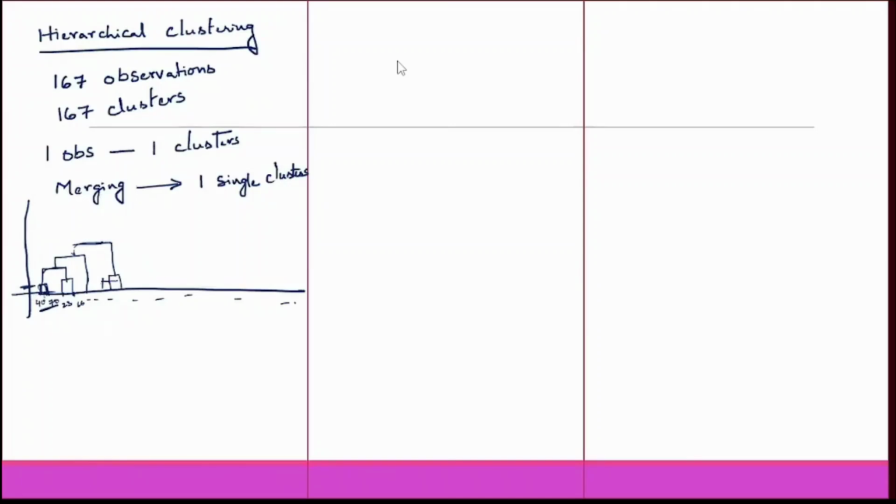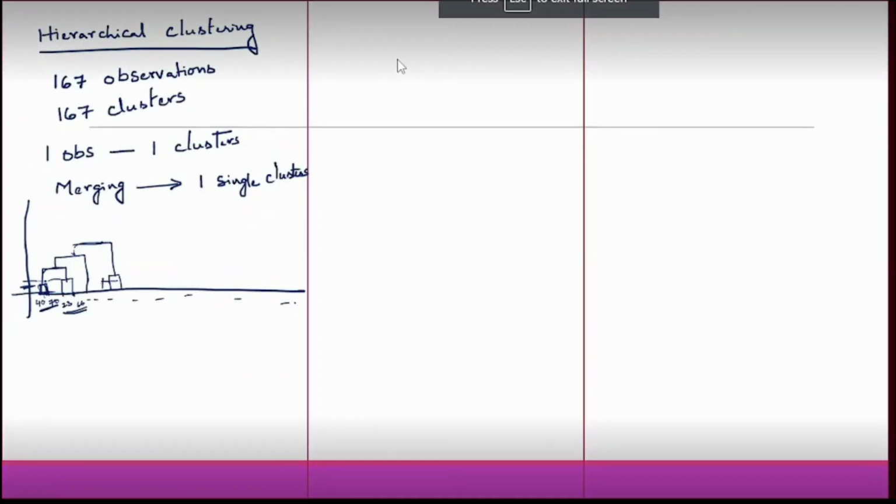Right? And once they both are joined, you just observe one more thing here. Now the next, let's say 23 and 66. The distance between them is somewhere here. Now, let's say here we have 40, here we have 23.